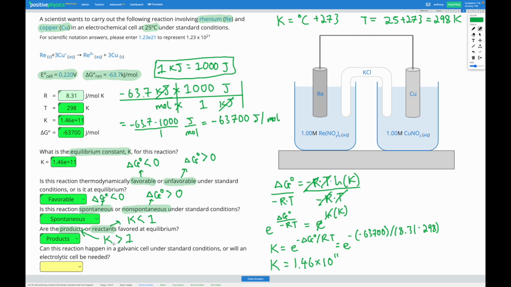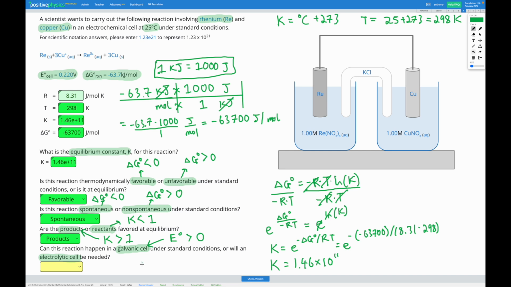Lastly, we're asked, can this reaction happen in a galvanic cell under standard conditions, or will an electrolytic cell be needed? Now remember, a galvanic cell is one where the reaction happens spontaneously and it produces a current. So that happens when our E0 is greater than 0, when it's a positive number.